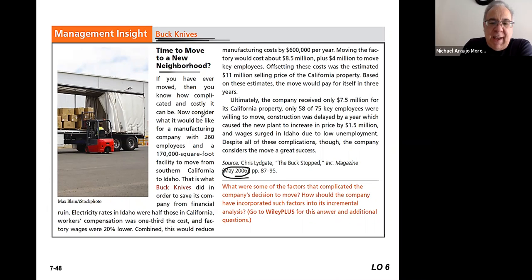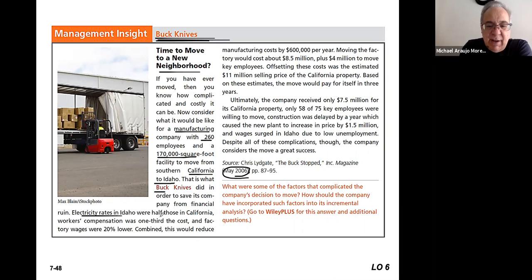So here they have this manufacturing company, Buck Knives, with 260 employees, and it's a big facility, 170,000 square foot. They wanted to move it from California to Idaho. That's, I guess, apparently where the buck stopped. They wanted to do this because they saw some significant savings.